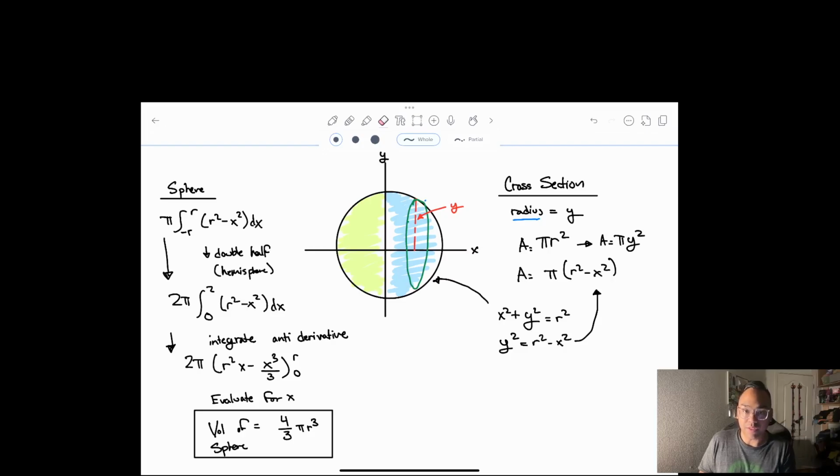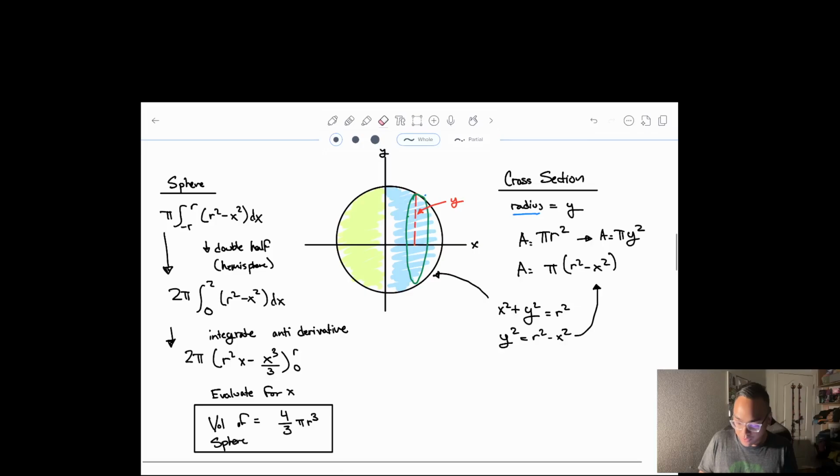If you remember correctly from trig or geometry sometimes, from that we are going to transform it into A is equal to pi y squared. And instead of y squared, what we're going to do is x squared plus y squared is equal to r squared, and then we're going to make y squared equal to r squared minus x squared.